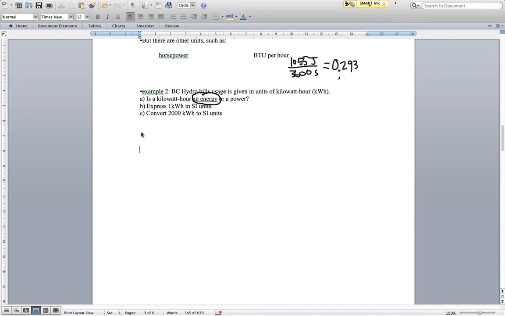Let's expand that a little bit and we'll see that. So kilowatt hour, kilowatt is 1,000 watts. And there's implied multiplication here. So you're multiplying kilowatt, 1,000 watts, by hour. Now to expand that further, we could say that's 1,000 watts times 3,600 seconds.